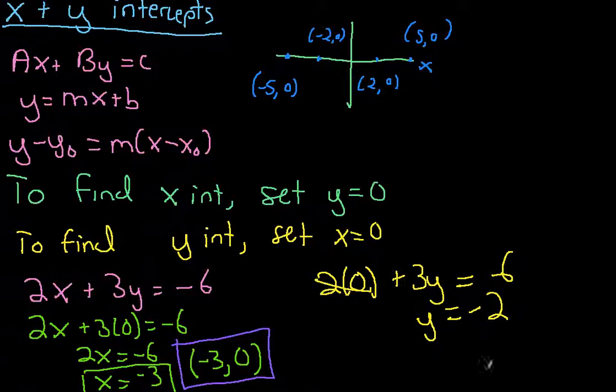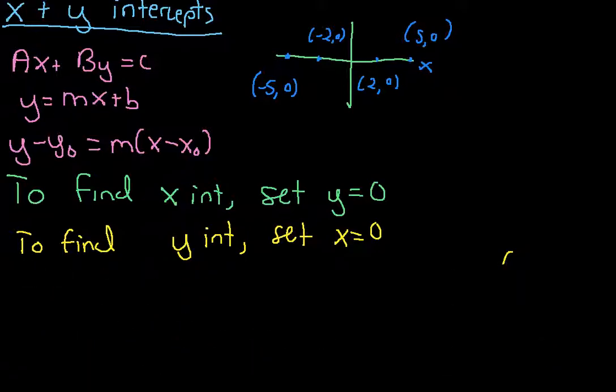I do want to draw it as a point, and that point would be the point 0, -2. So that would be how you would do it in standard form. And the process really is identical for point slope form, or y equals mx plus b form, so slope intercept form. So I'm going to do one in slope intercept, and I think you can probably guess how to do it in point slope form after that.